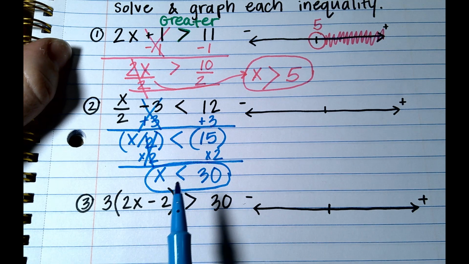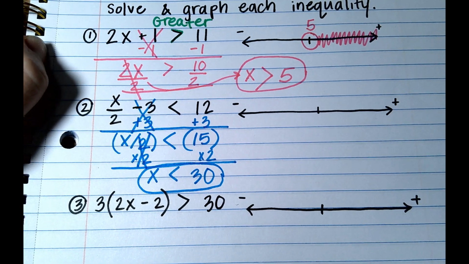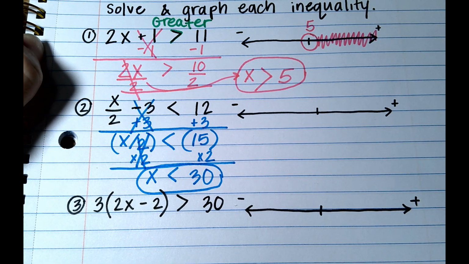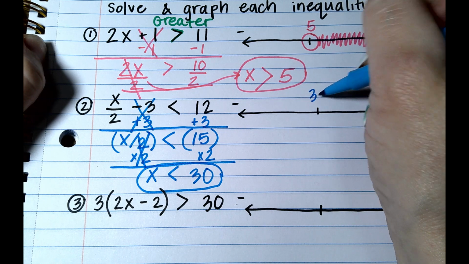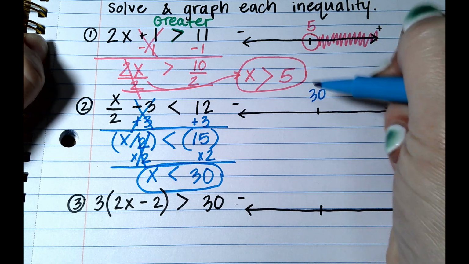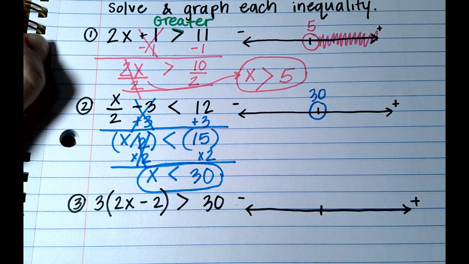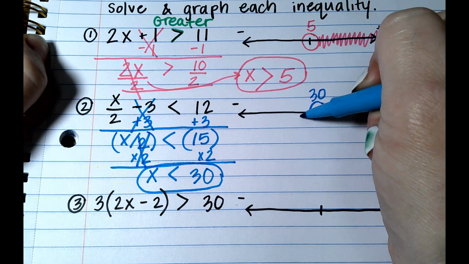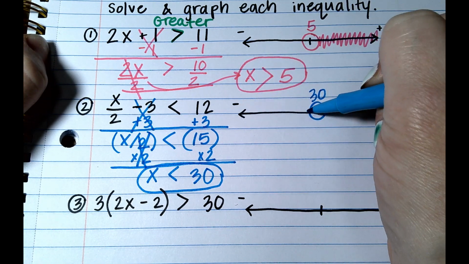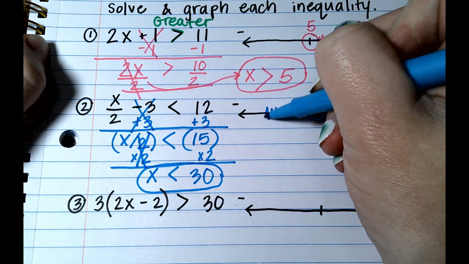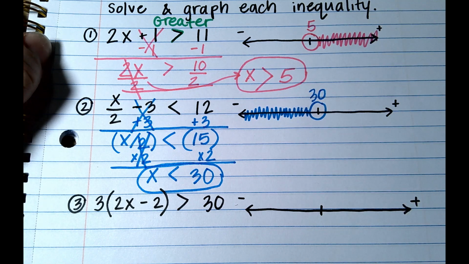Now, how do I graph number 2? Put 30 in the middle? Okay, then what? Circle. Yes, we're going to shade to the left for less than. Good. Perfect.